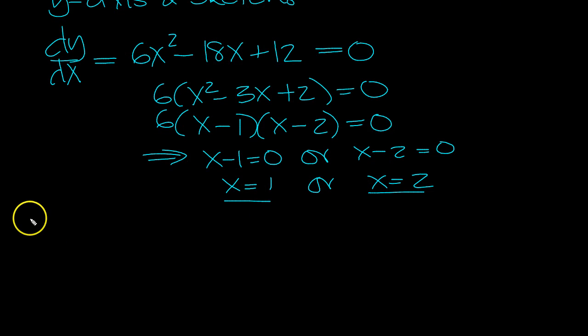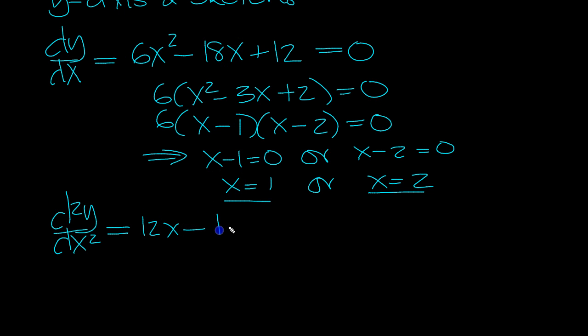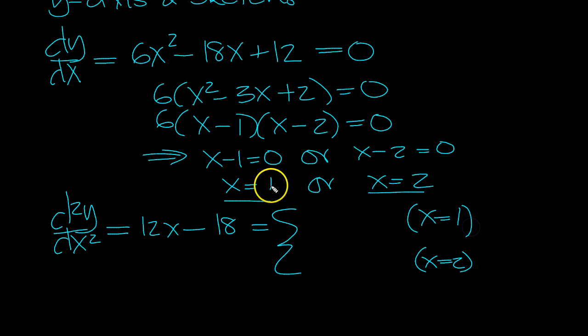So we can get the y values or we can get the second derivative. Why don't we just get the second derivative, see which is a max and min. So here, 12x minus 18, because x goes to 1. So at x equals 1 then, and x equals 2, what do we get? Put 1 in. 12 1s are 12, minus 18 is minus 6.